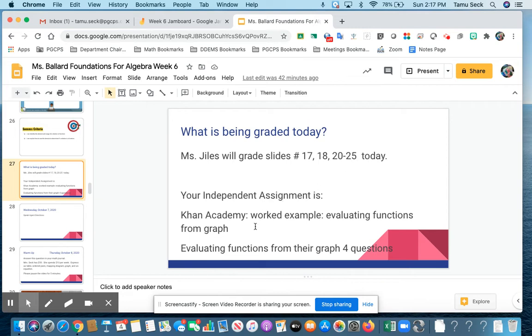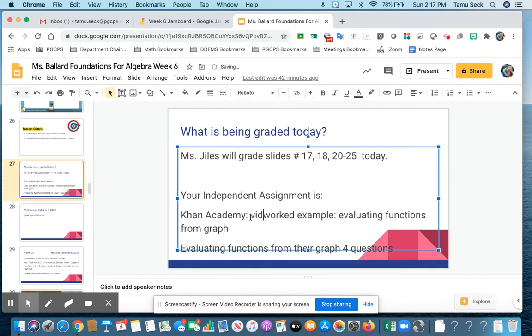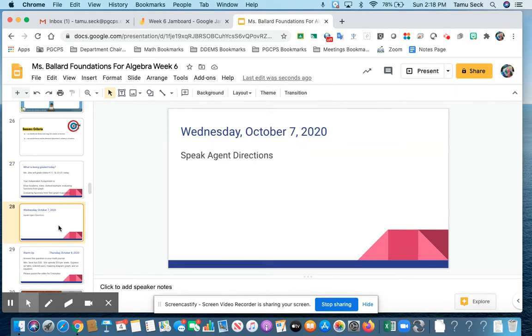And your independent assignment is Khan Academy, the worked example evaluating functions for a graph. You're going to answer 4 questions evaluating functions from their graph. See you tomorrow.